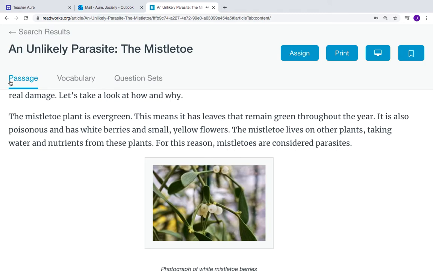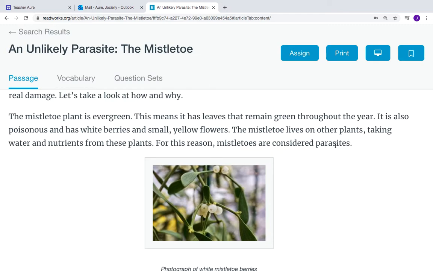So I really like this paragraph because the author gave us a lot of information about the mistletoe. The mistletoe is considered an evergreen, and if we didn't know what an evergreen is, the author explains that it's green all year long. And then it continues to say that it is poisonous, and even though there are maybe some delicious berries and yellow flowers, so it might look inviting, it's still poisonous.